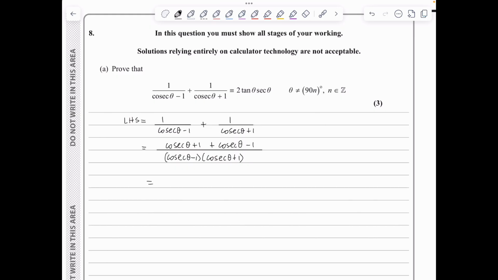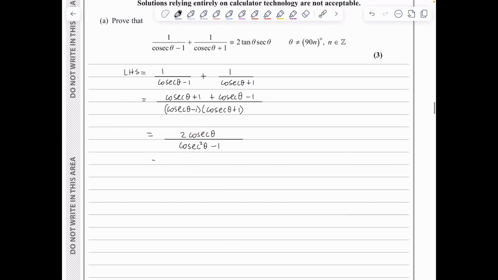So in the numerator, we're looking at 2 cosec theta, and I will be expanding the denominator to get cosec squared theta minus 1. Well, we should be able to recognize the cosec squared theta minus 1 as being cot squared theta, and this means that we're looking at 2 cosec theta all divided by cot squared theta.